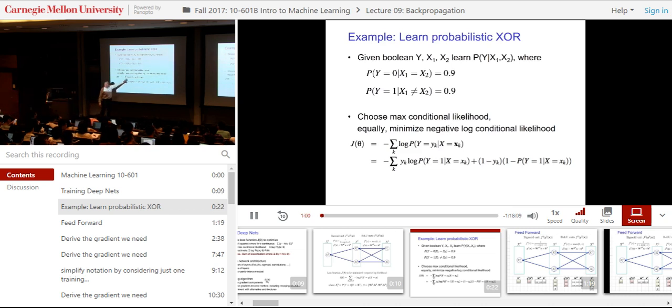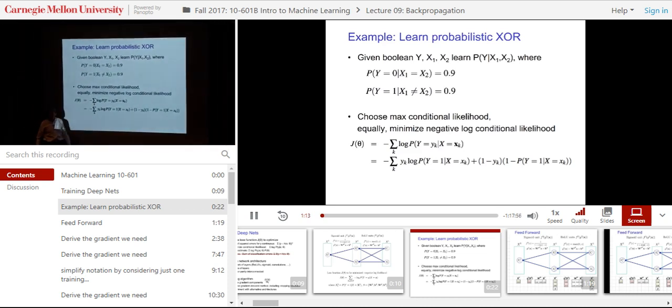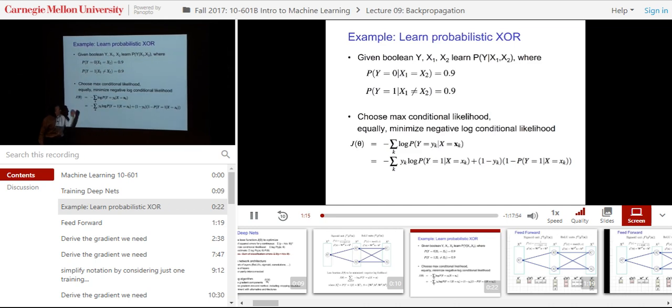Okay, so we decided we're going to train it just as we do logistic regression to maximize the conditional likelihood of y given x in our training set, summed over all the training examples.